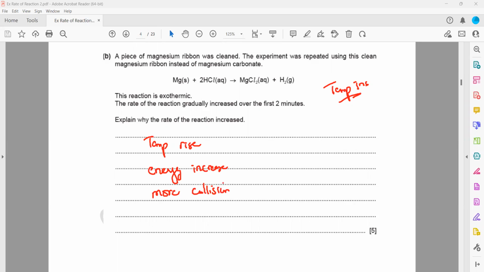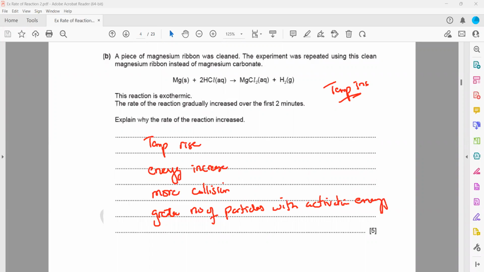They will collide often. And a greater proportion of the particles have more kinetic energy, and more particles have energy more than activation energy.